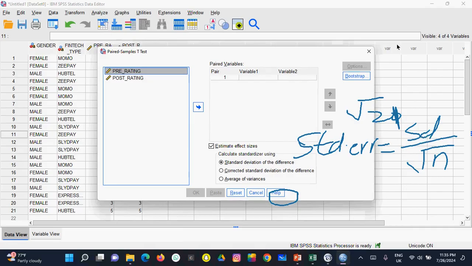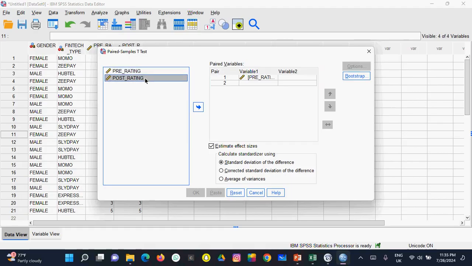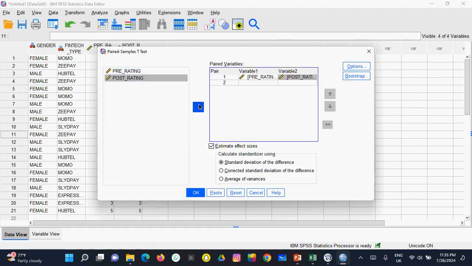Click on it. First click on the pre-rating, then click here to drag it there. You come to post-rating, click here to drag it there. So pre-rating is here, post-rating is here.